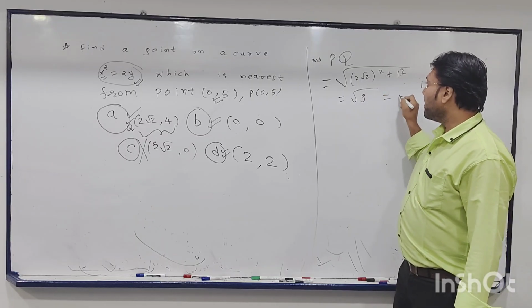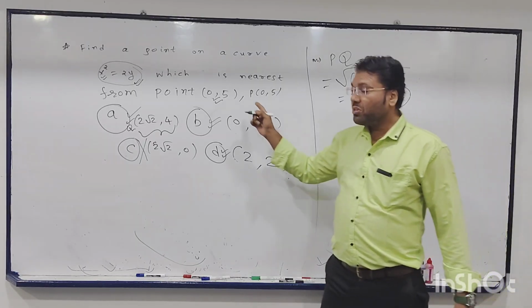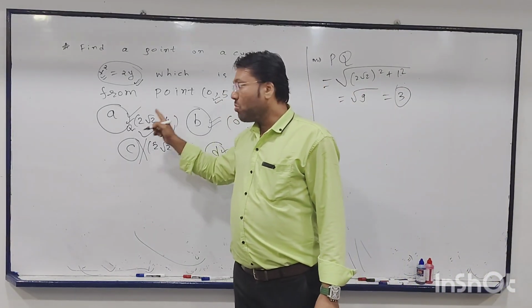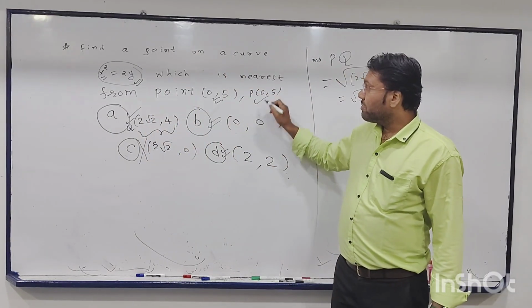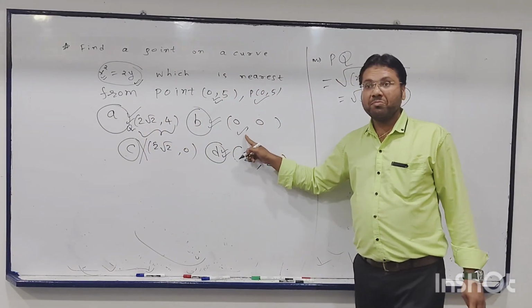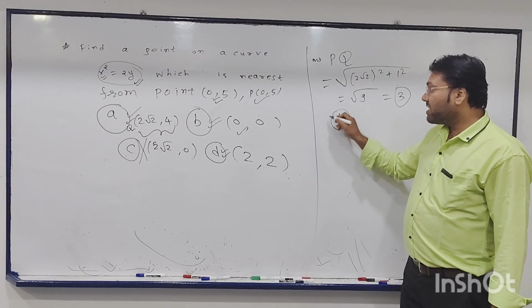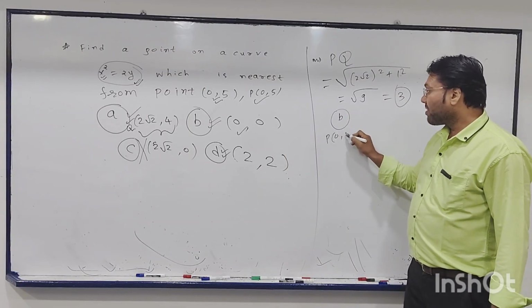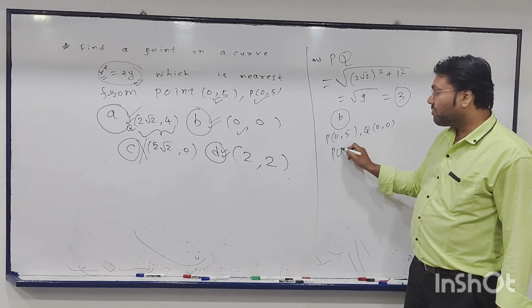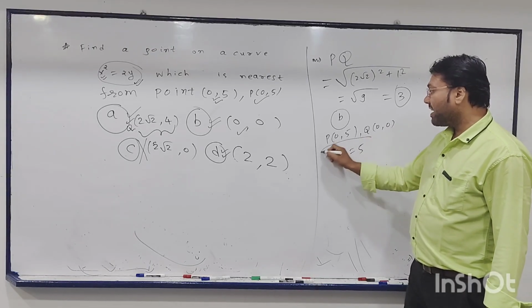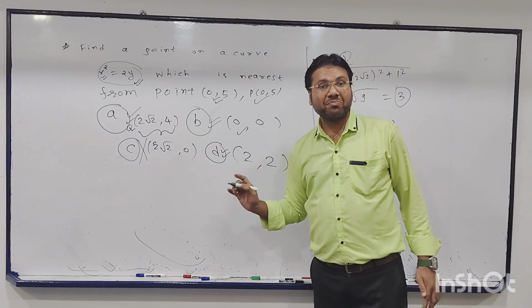Root 9, so 3. So the distance from (0, 5) to option A is 3 units, friends. Now the distance from (0, 5) to (0, 0). So for option B, the distance will be between (0, 5) and (0, 0). Applying the distance formula between these two, you will get the answer 5.